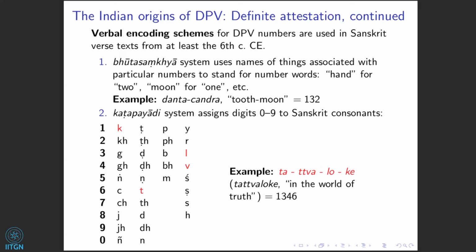So those who have a little bit of Sanskrit will be able to see why it is called katapayadi, that is beginning with ka, ta, pa, and ya, because those are the consonants that are assigned to the digit 1, and ka, ta, pa, and ra are assigned to the digit 2, and so on.